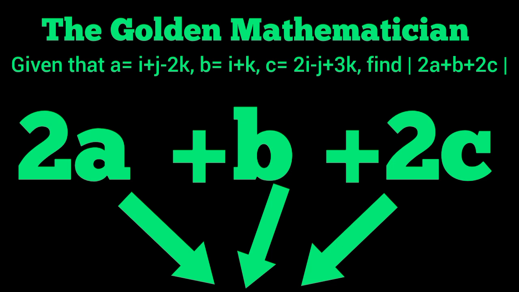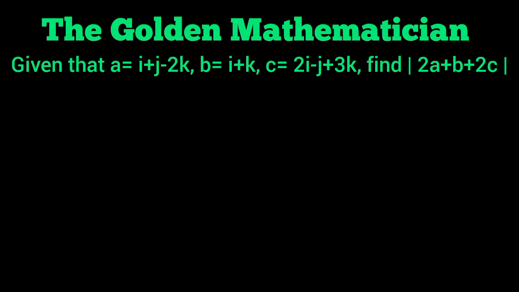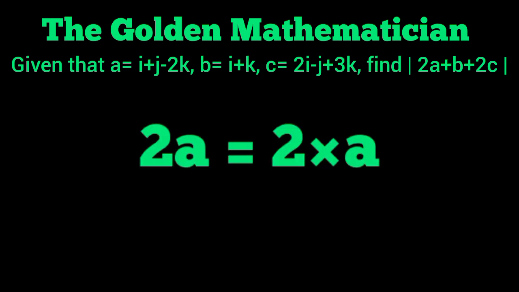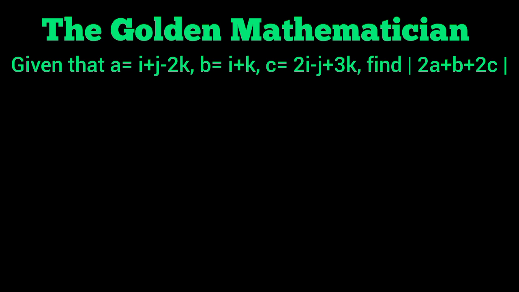I hope it's clear. So just as in normal mathematics, where 2a is equal to 2 times a, the vector 2A is going to be equal to 2 multiplied by vector A. Vector A is equal to i plus j minus 2k, therefore vector 2A is going to be equal to 2i plus 2j minus 4k. I hope you understand.